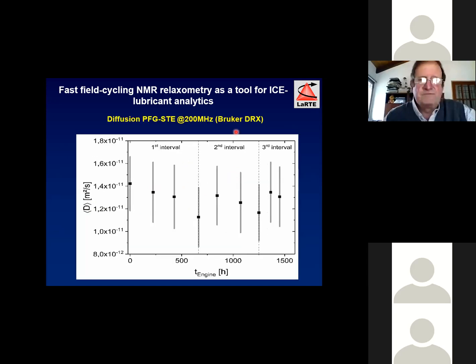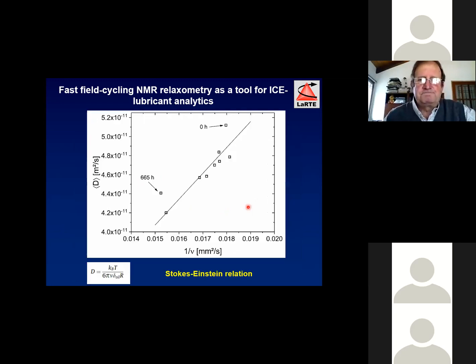And when we measure diffusion, exactly the same. Diffusion tends to decrease with the use of the oil in the engine. Again, the point is the mean value, and the bar is the distribution. Okay, so here we compare the diffusion constant, a microscopic entity, with something macroscopic like the inverse of the kinematic viscosity. And we have the Stokes-Einstein relation. If we plot against the inverse of the viscosity, then we should have, if everything is constant, a straight line.